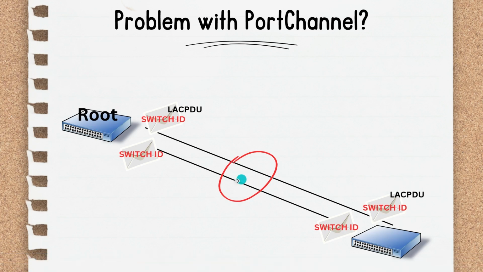This allows us to form the port channel because when we create a port channel, it checks that all of the physical ports inside that port channel receive packets with the same switch ID. So all the LACPDUs should carry the same switch ID in one logical group. That's the rule for the port channel.